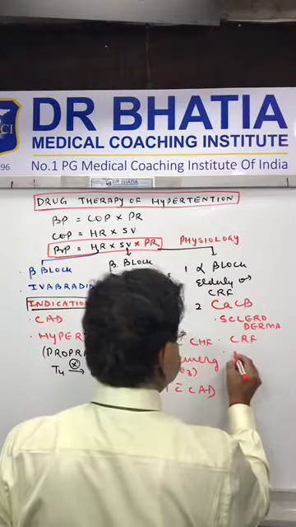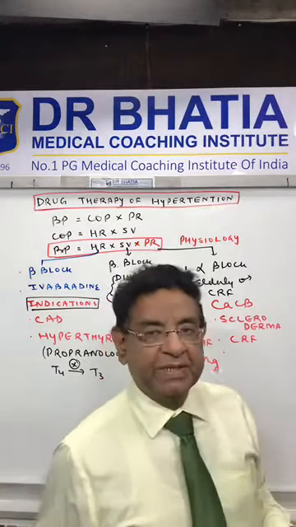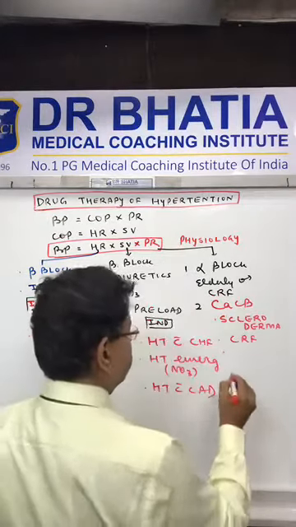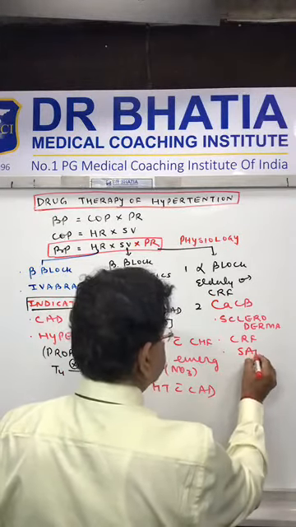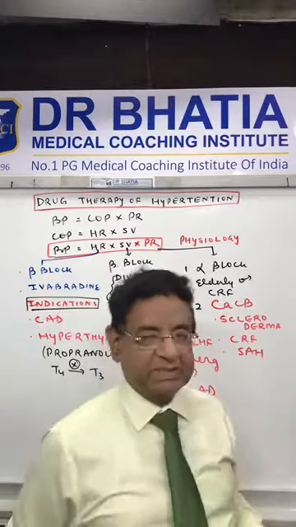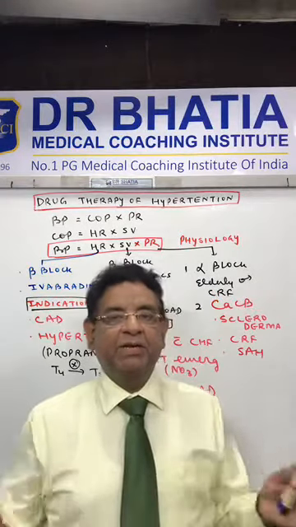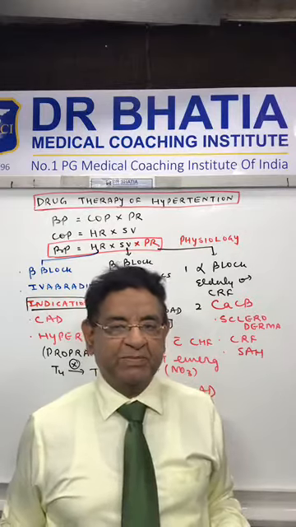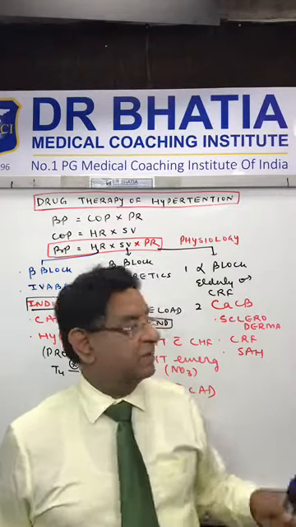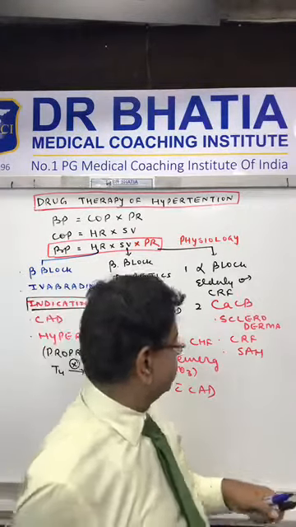We also use nimodipine in subarachnoid hemorrhage. And the purpose of nimodipine in subarachnoid hemorrhage is mainly to prevent vasospasm, which is a big problem in subarachnoid hemorrhage.